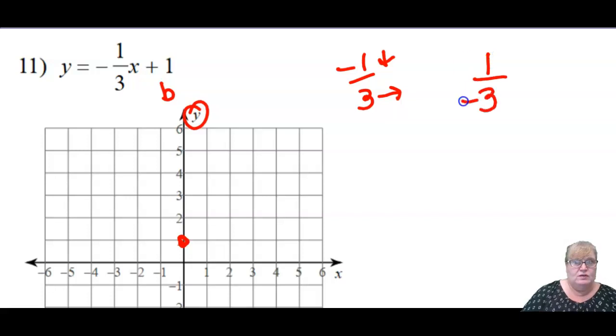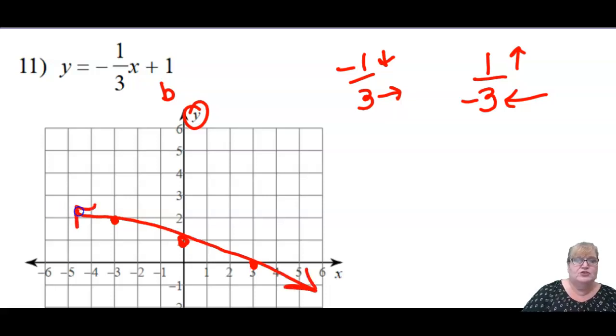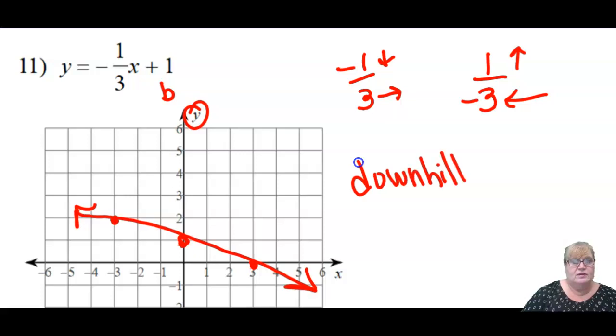Or you could go up and left, but remember, only one of them has to be negative. So if I go down and right, or up and left, in the end, my very crooked line should be going downhill if it's a negative slope as I go left to right, okay?